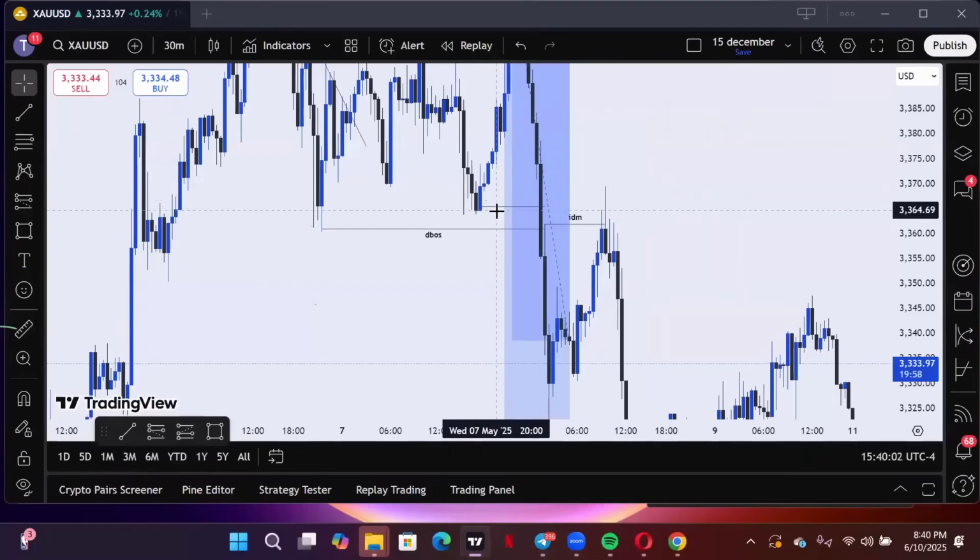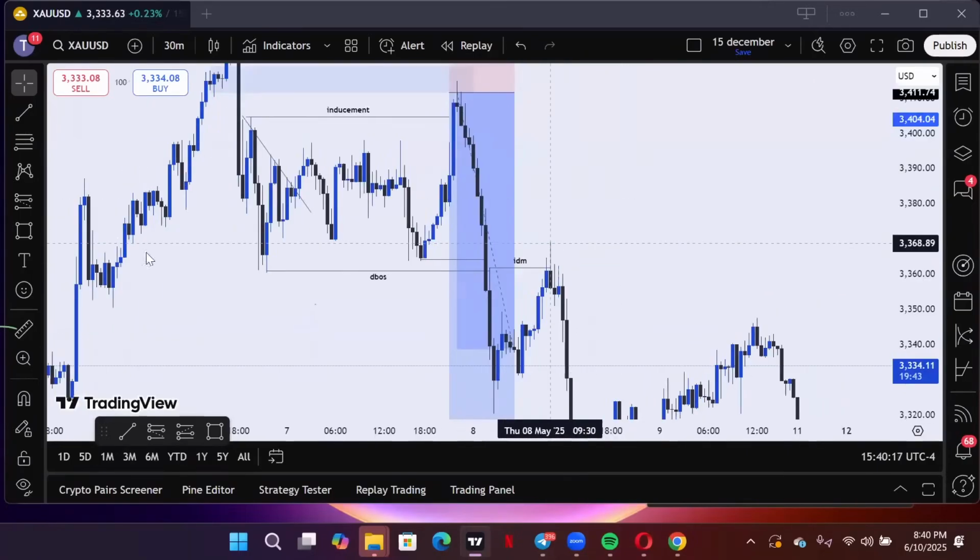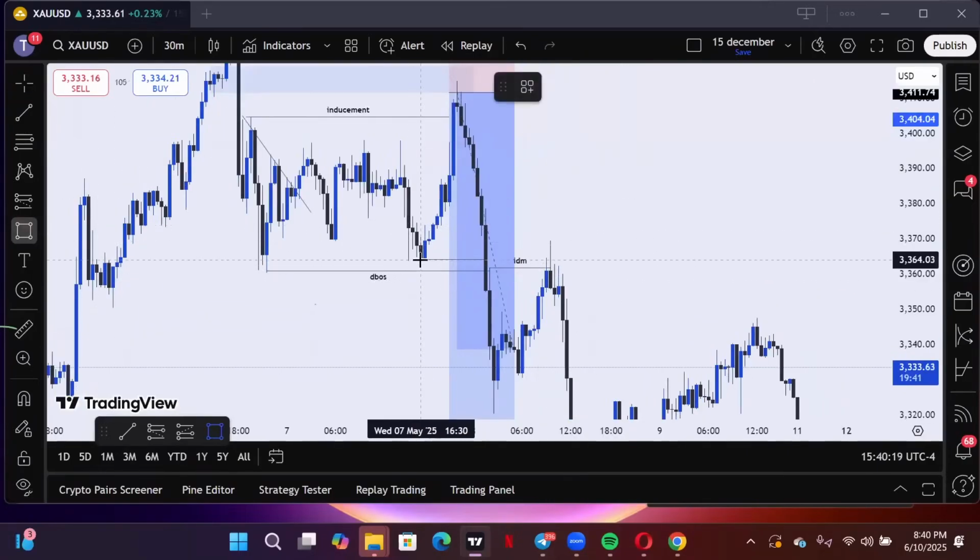So the first rule is there must be a market structure shift or a double breakout structure. So we got the first. The second rule is there must be an inducement / liquidity. So we got the second. The third rule says the point of interest I'm looking to pick needs to be what? Unmitigated. Now pay attention. We have multiple POIs here. As this stopped here, we have this breaker, and then another block up here. So we have actually multiple POIs here.